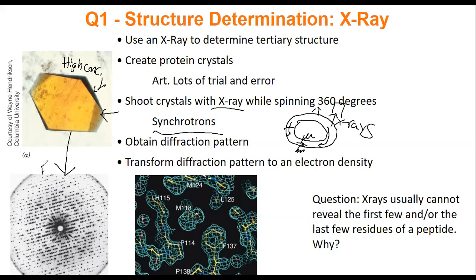So each dot here is one of your nuclei, one of your atoms bouncing, one of your amino acids getting hit by an X-ray and bouncing that X-ray and making that signal. Then you take that signal and you make a 3D map. So you read this in and you get this 3D map out.